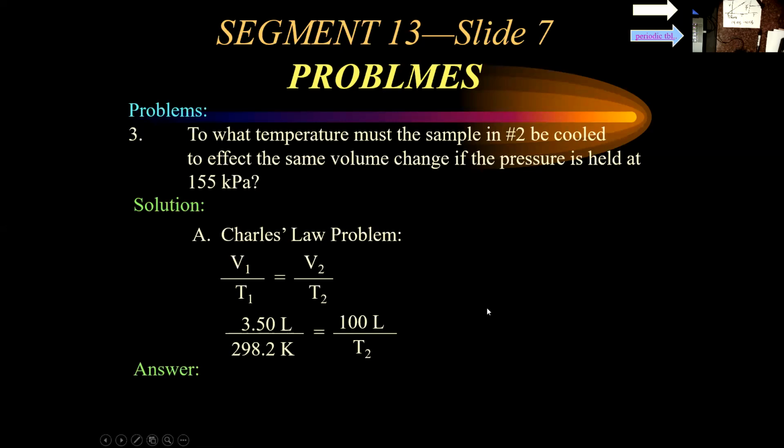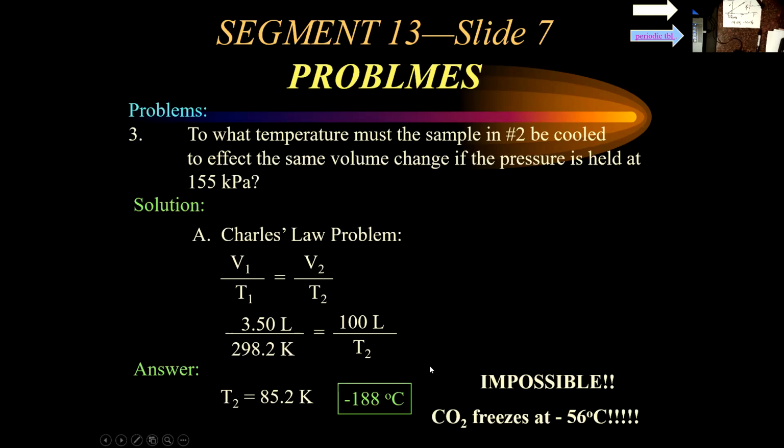Do the math, I get 85.2 degrees Kelvin. So I would have to cool this gas down to 85.2 kelvins in order to reduce the volume from 3.5 liters down to 1 liter. That's minus 188 degrees Celsius.